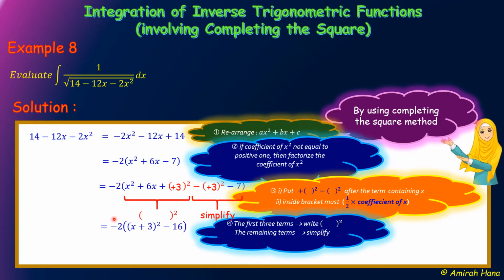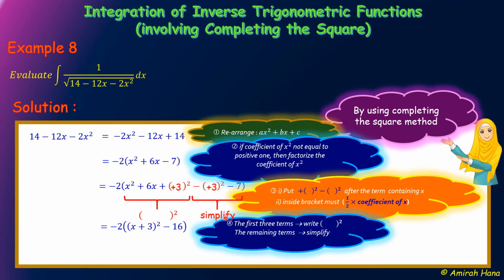So after that, we get negative 2, and then the first three terms here, we write into the form of bracket squared, and then in the bracket here, we put the term containing x squared, which means x, and plus 3, because plus 3 is the term that gets squared here. No need to consider 6x here because we already considered 6x when we found plus 3 inside the bracket.